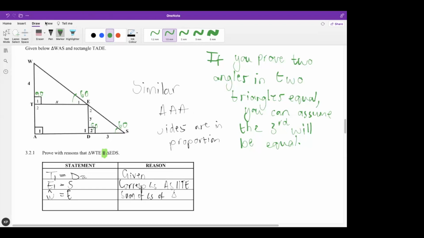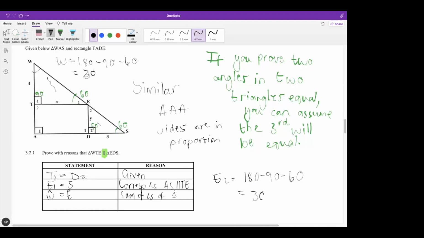Are you with me, Sai? So let's find W in this triangle. So therefore, W will be 180 minus 90 minus 60, which is 30. Okay, that's in this triangle. Now let's go to this triangle. E2 will be 180 minus 90 minus 60, which is also 30.